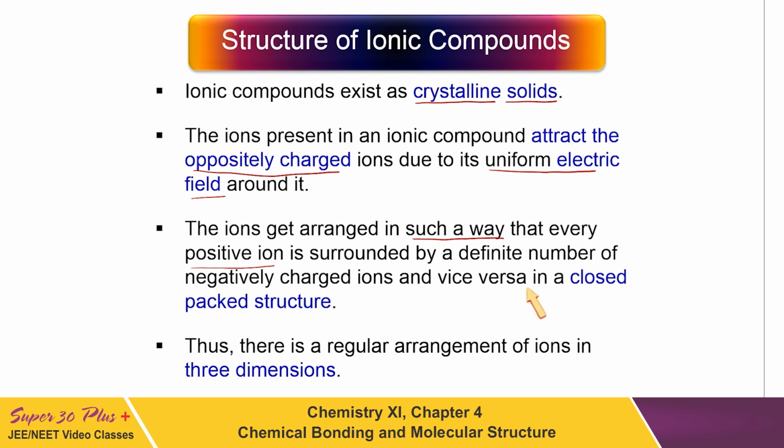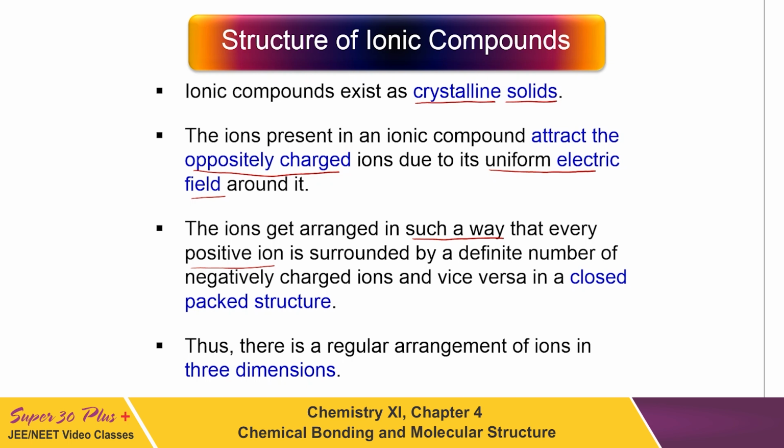Negatively charged ions are also surrounded by a definite number of positively charged species, and this happens in the close packed structure called the crystal of an ionic compound.